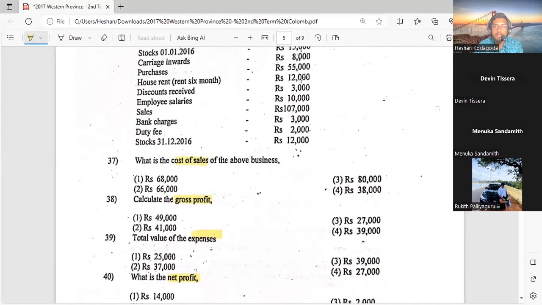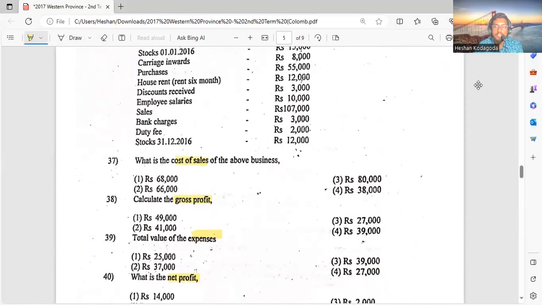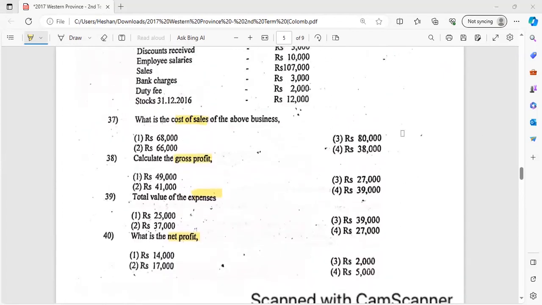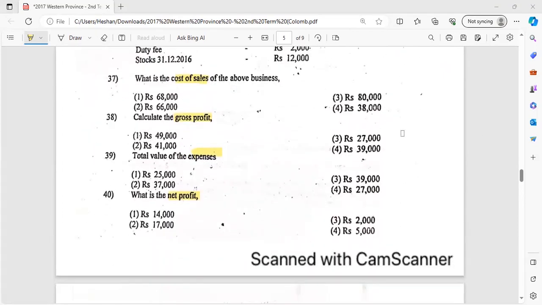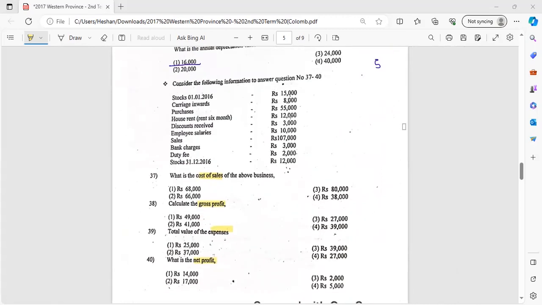Because of that, we don't need to prepare the SFP here, as there is no requirement for SFP. Okay, you know how to calculate it, right? So I'm going to write the structure here. How can I write it?